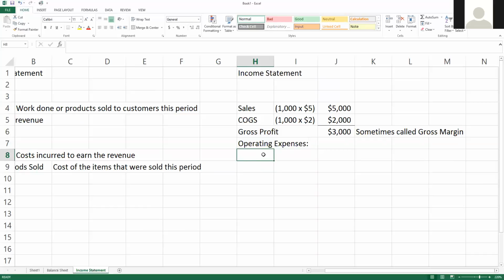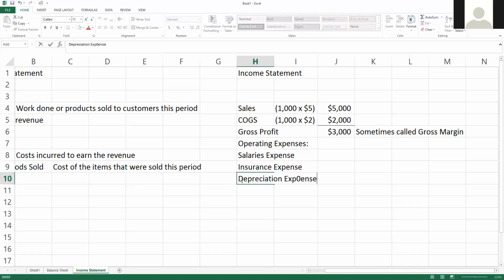Some of the other expenses could be salaries we pay to our employees, which is a cost of doing business, and insurance. We might have depreciation. We would list all these expenses and take them away from the gross profit. So I'm going to make up some expenses here.